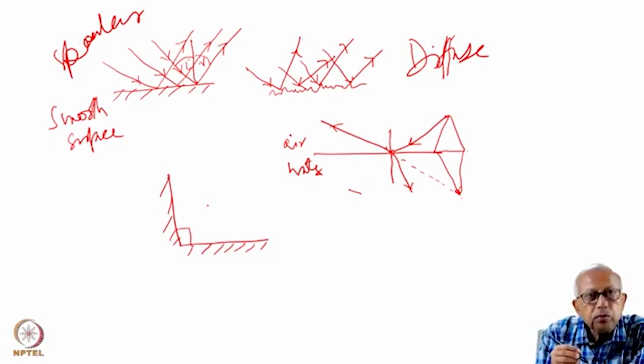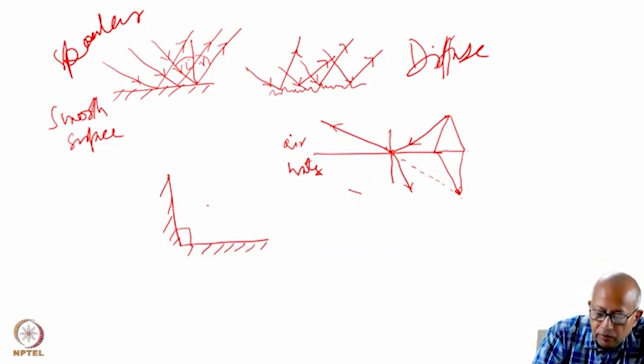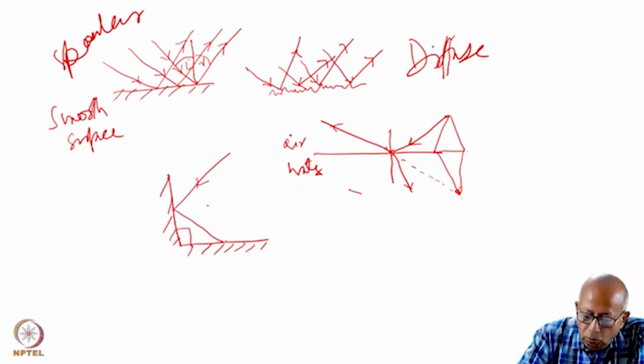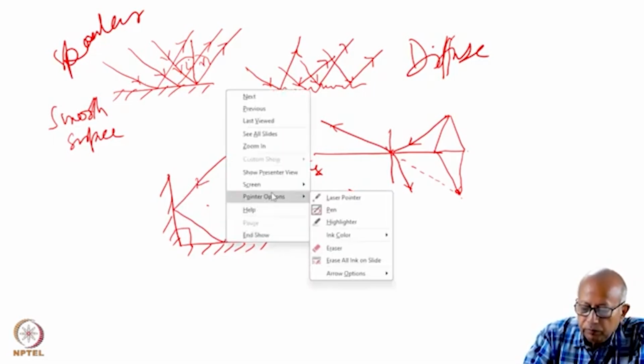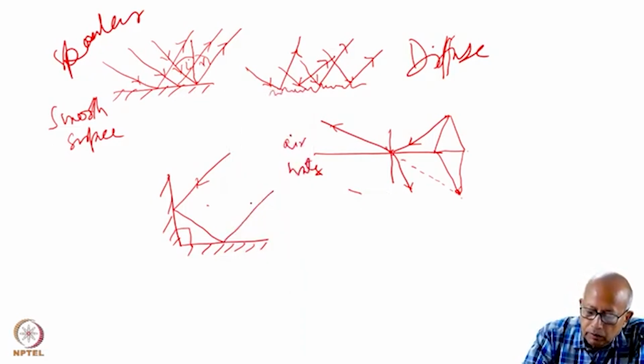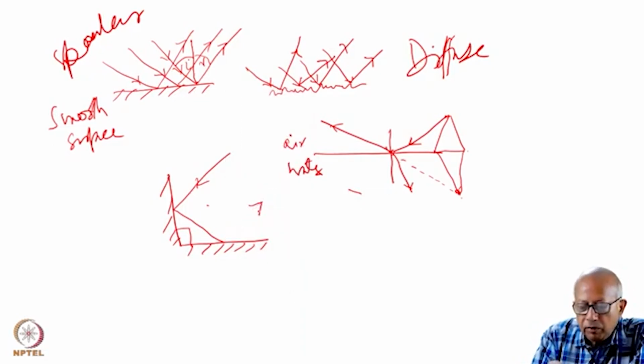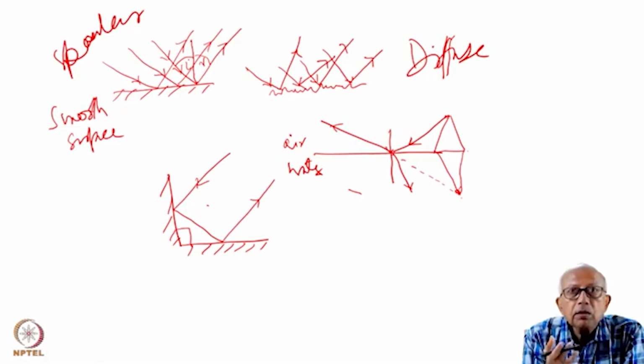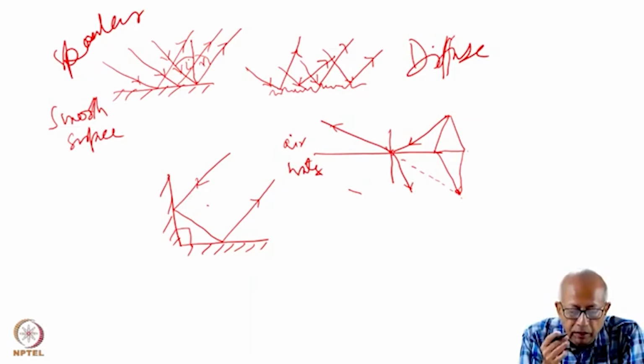It would be easy to show here that an incident ray, after reflection from the two reflecting surfaces, will travel, the reflected ray will travel exactly in a direction opposite to the incident ray. So this is called retroreflection.